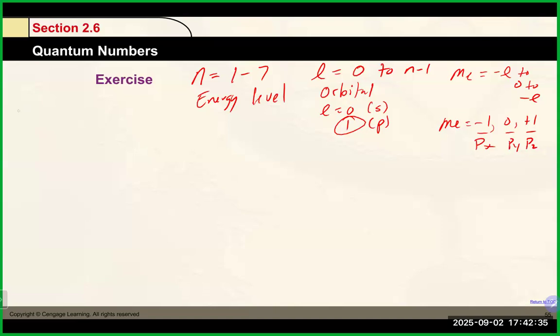And lastly, we have the spin quantum number, which is either plus or minus a half. When electrons go into the orbitals, they will either spin upwards, sometimes represented with an arrow pointing upwards, and that would be plus a half spin. If it's spinning in the downward direction, that would be minus a half.